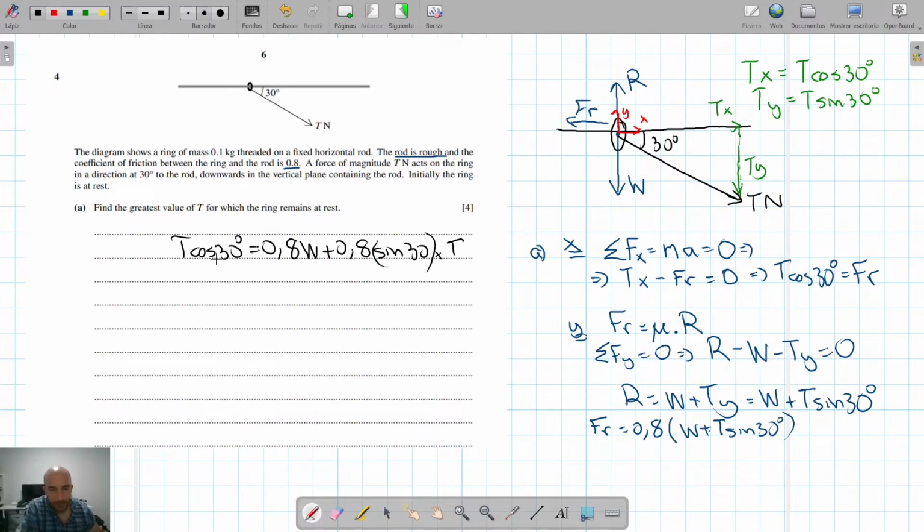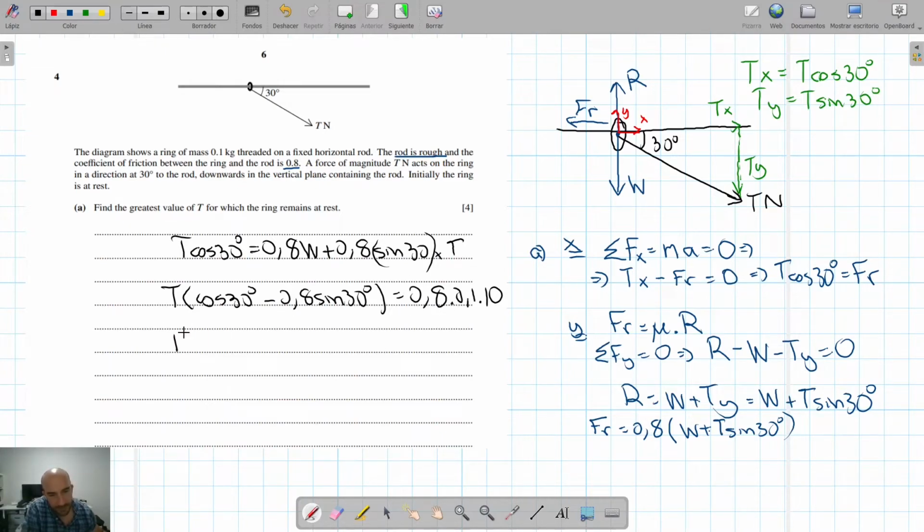So we're going to move all the T's to that side. So T cosine of 30 minus 0.8 sine of 30 equals 0.8 times mass, which was 0.1, times gravity, which is 10. Okay, so that's 1. So that's 0.8.